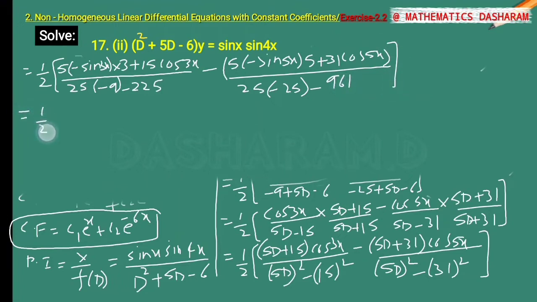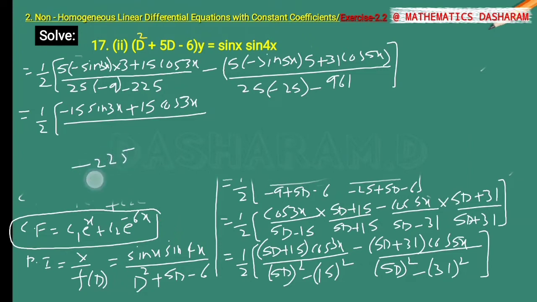So 1 by 2 bracket of 5 3s are 15, minus 15 sin 3x plus 15 cos 3x divided by 25 into 9, minus 225, minus 225, minus 450.